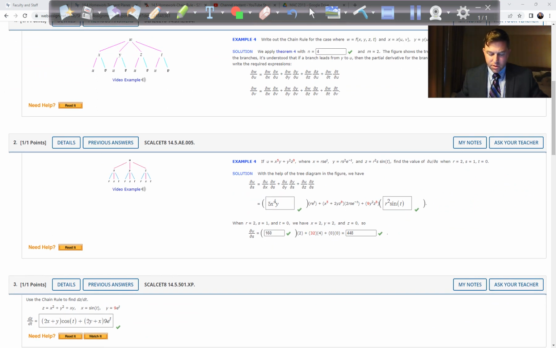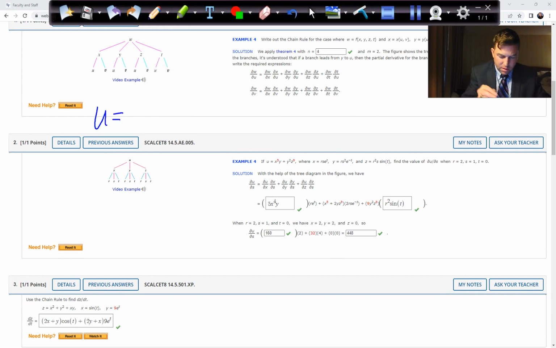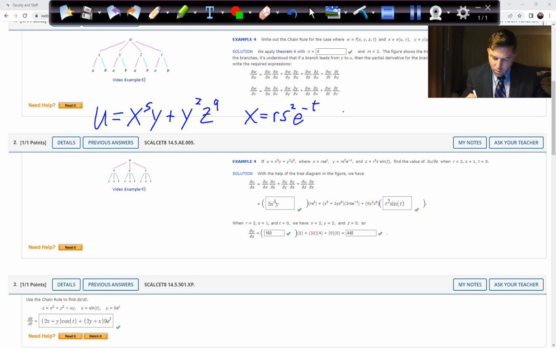Okay, so for problem 2, it says u is x^5 y plus y^2 z^9, and then x, y, and z are functions of the subvariables r, s, and t.